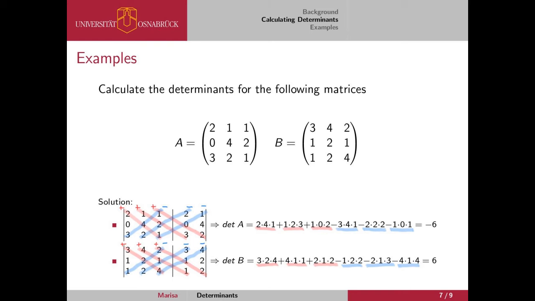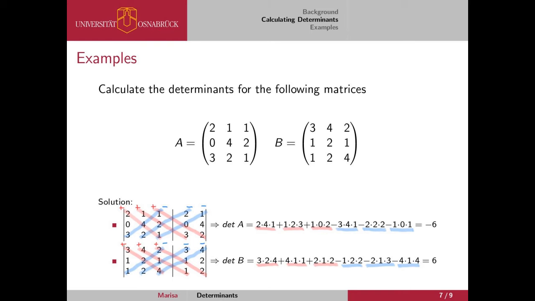So for matrix A, this means we multiply 2 times 4 times 1 for the first red diagonal line, then 1 times 2 times 3 for the second one, and then 1 times 0 times 2 for the third red one.